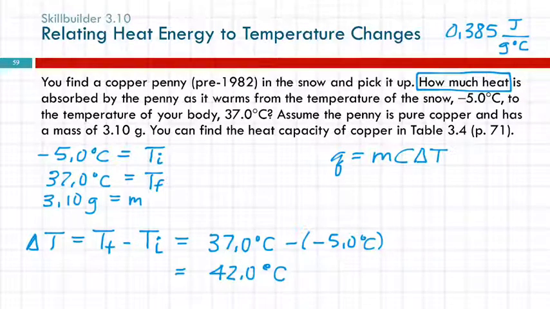And so when we're looking at this equation, we're trying to find Q, how much heat. We need the mass. Got that. We need the specific heat capacity, which we looked up. That's this guy right up here. And we need the change in temperature.